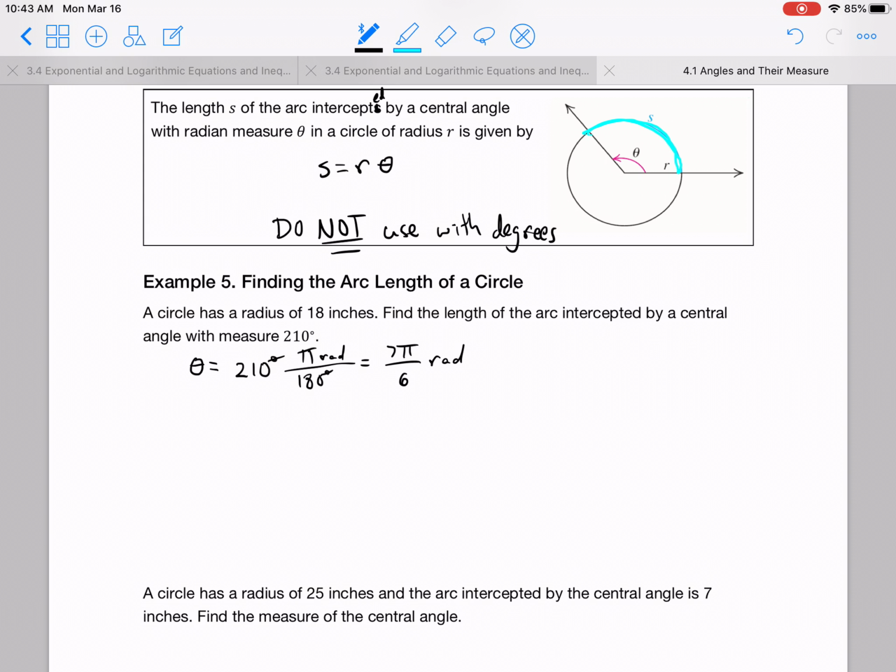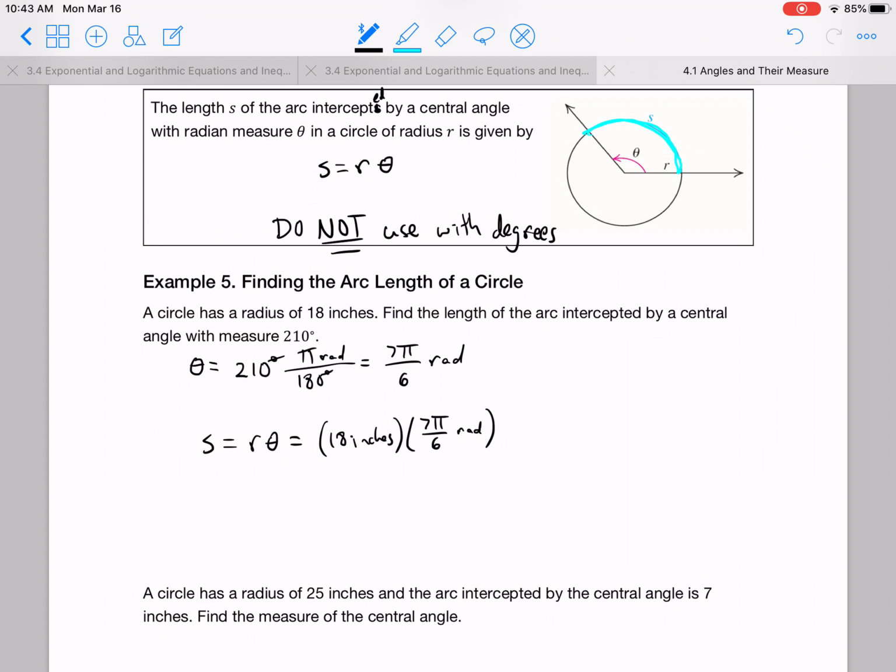All right, and that's our angle measurement right there. And then we can just simply use this relationship that the arc length equals r times theta. Here, our radius was 18 inches, and our angle measurement is 7 pi over 6 radians.